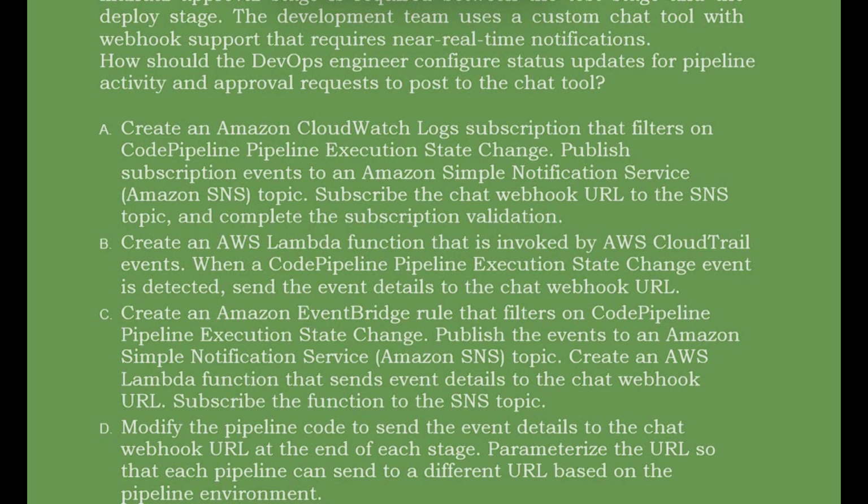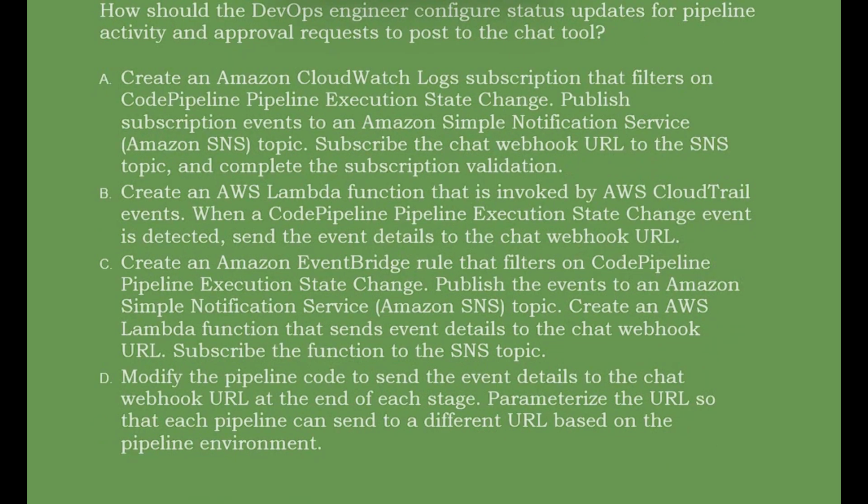Subscribe the function to the SNS topic. Option D: modify the pipeline code to send the event details to the chat webhook URL at the end of each stage. Parameterize the URL so that each pipeline can send to a different URL based on the pipeline environment. Correct answer is option A.